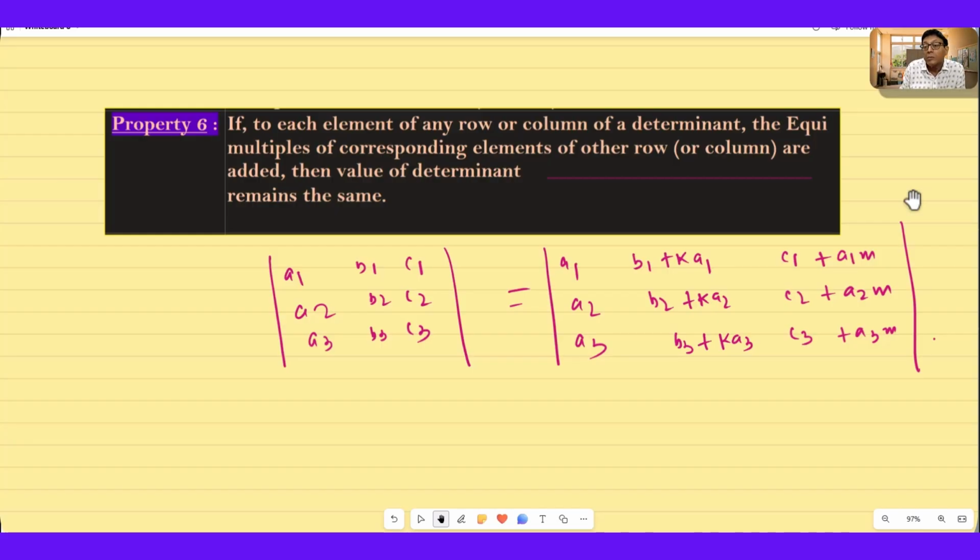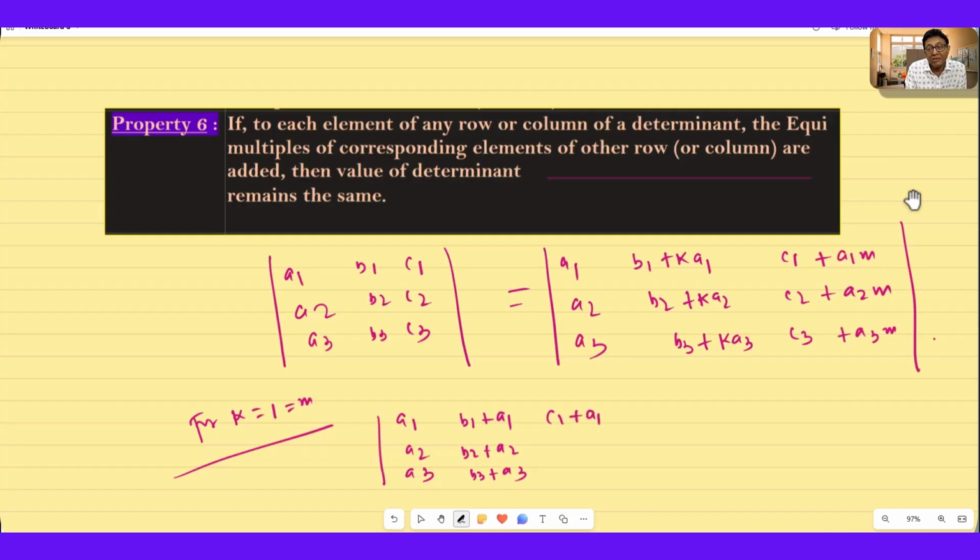Okay? Now, if I have taken k equal to 1, m is also 1, then what you are going to do? For k1, m1, you are writing a1, a2, a3, b1 plus a1, b2 plus a2, and this is c1 plus a1.